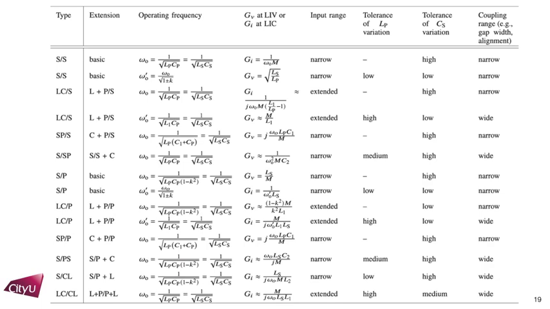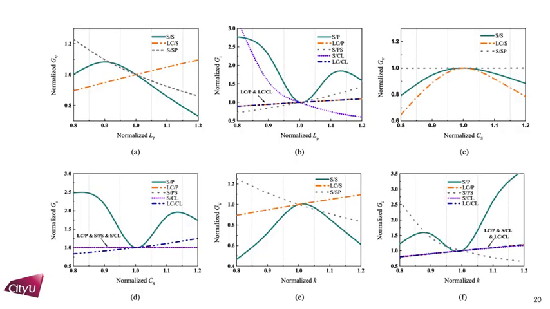So through simulation, we are able to see exactly the same effects. In fact, by comparing the sensitivity of different topologies. For example, in this particular case, we are comparing the sensitivity of the transconductance against the variation of the primary inductor, and we'll see that the SSP circuit is a lot less sensitive.